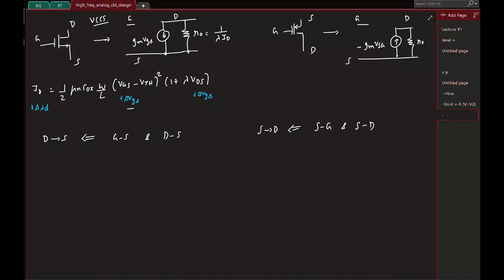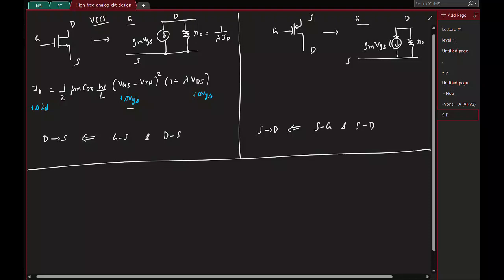And I can modify it as minus Gm times VGS. So now I can take this sign out here and then say the current is flowing in the opposite direction. Okay. So the point is, with respect to the small signal linear behavior, there is virtually no difference between having an NMOS transistor or a PMOS transistor. Okay, great.